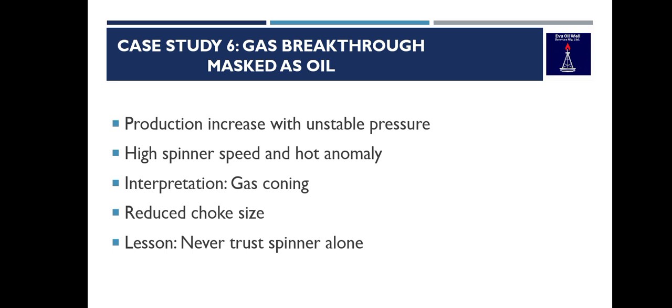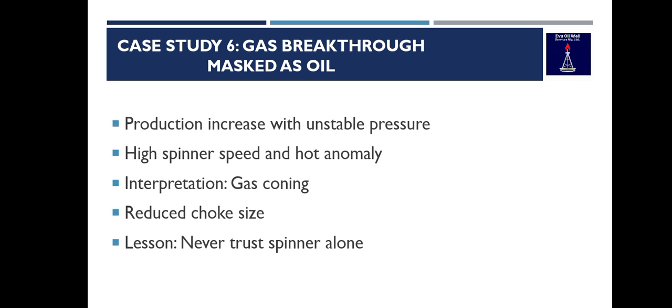High spinner RPM with unstable pressure indicates gas coning, not oil increase. You heard what I said, unstable pressure, not stable.